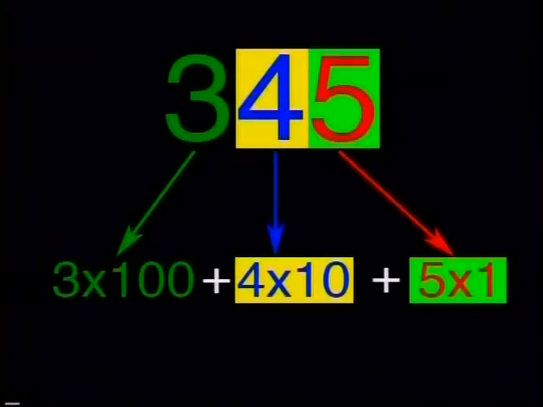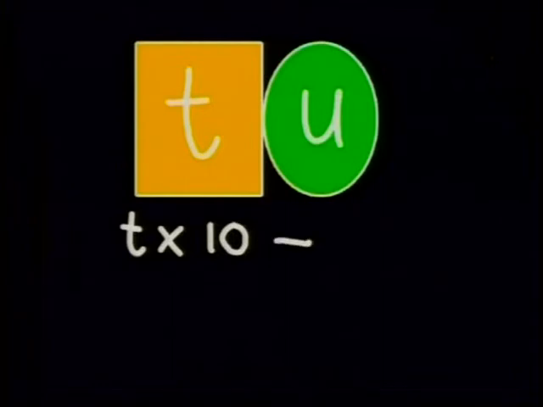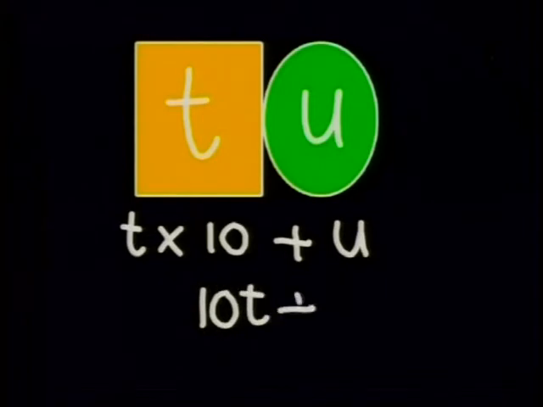Remember that we said in 345 the number of tens was 4. So the digit 4 represents 40. So how many tens do we have in TU? We have T tens. So the value of the number is T times 10 plus U. We can write this as 10T plus U.